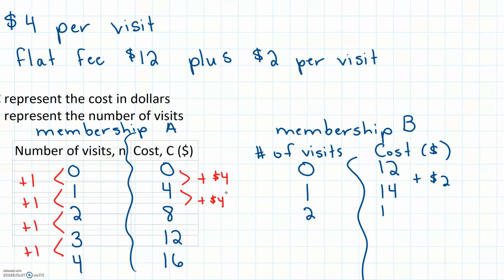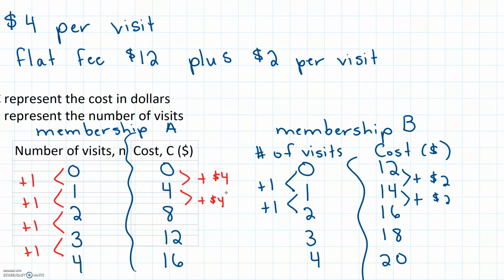For 2 visits, it'll be 16. For 3 visits, it'll be 18, and for 4 visits, it'll be 20. So every time the visits go up by 1, I'm going up by $2. The patterns are still the same.